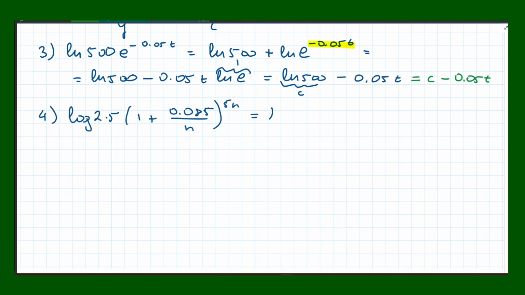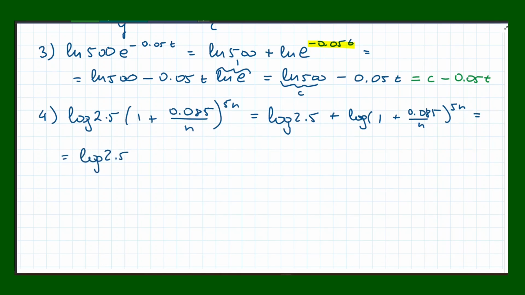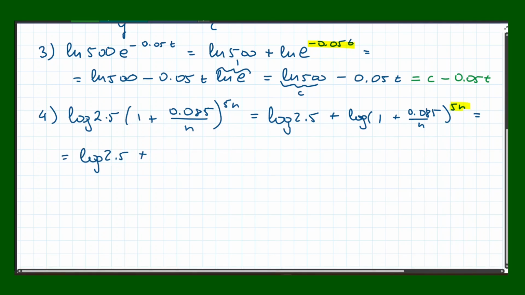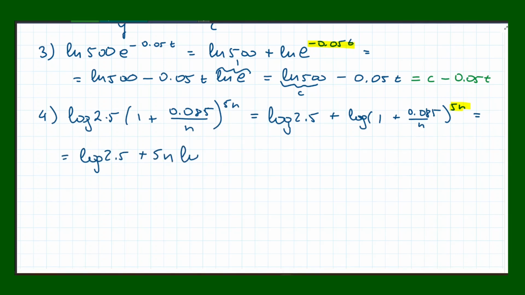So we can break this out as log 2.5 plus log 1 plus 0.085 over n to the 5n. Okay, let's move further. Log 2.5 does not change, but what we notice is that there is an exponent in the argument of the log, so that can be brought down as a multiplier. So that will be 5n log 1 plus 0.085 over n.